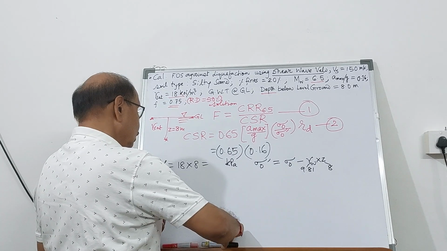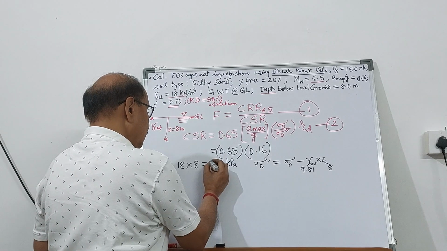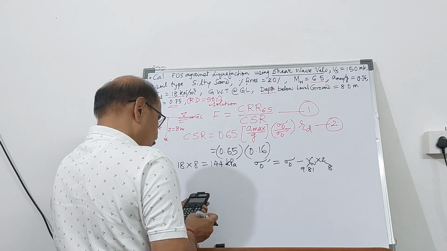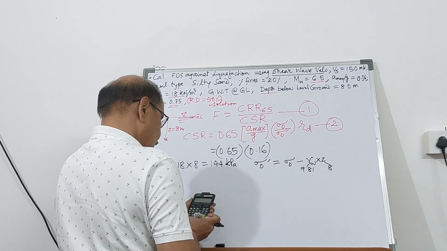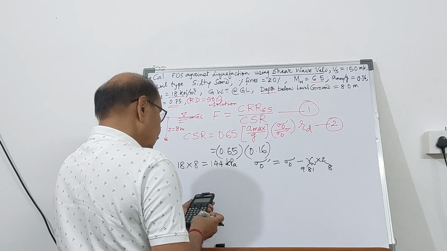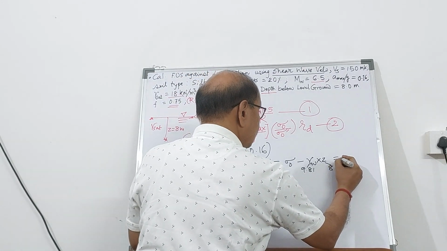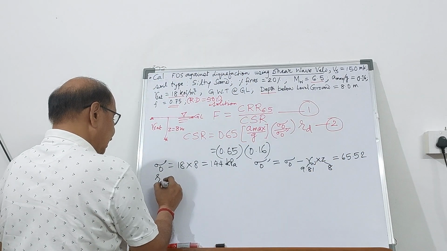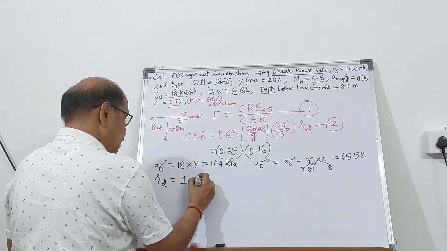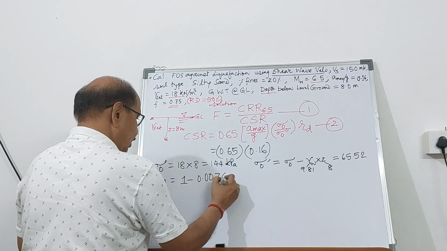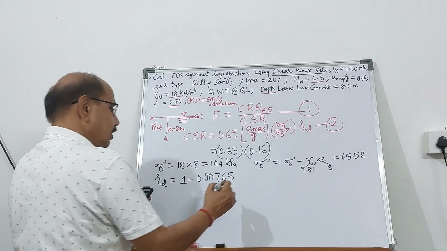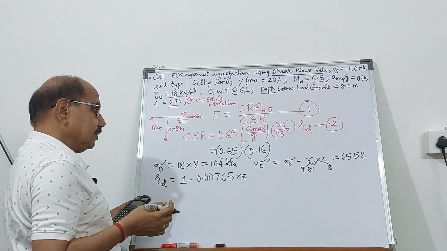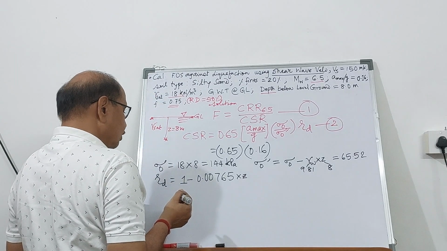So this becomes 144, and this becomes 65.52, and the reduction factor rd is given by 1 minus 0.00765 into the depth at which the cyclic stress ratio is to be found out.